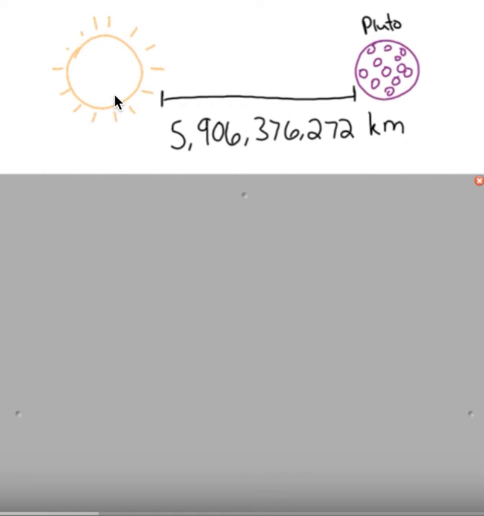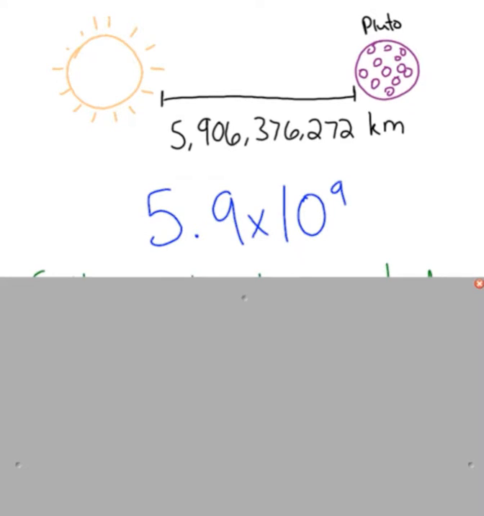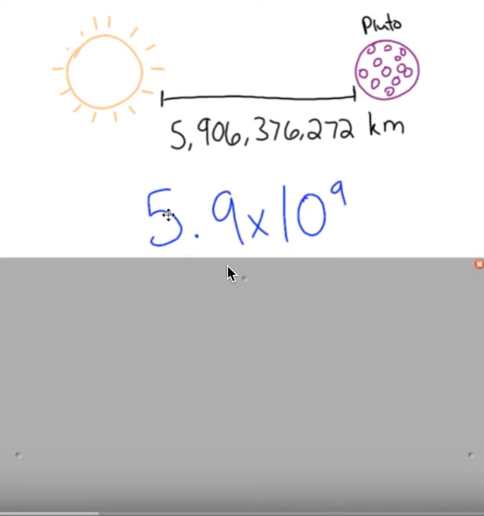So for example, the distance from the sun to Pluto is 5,906,376,272 kilometers. Now that's a huge and ugly number that we don't want to use, and so in science we have a much simpler way of writing it, and that's 5.9 times 10 to the ninth power.